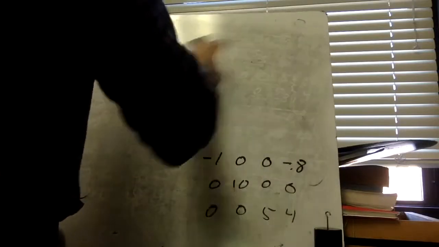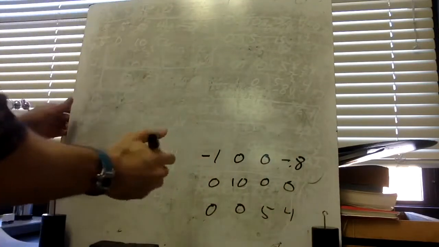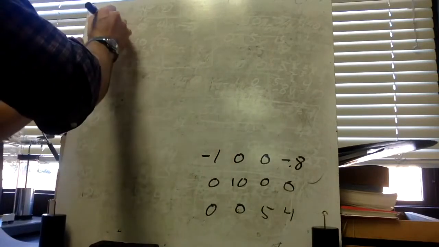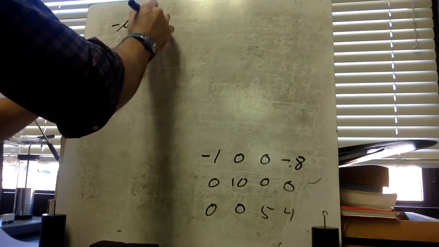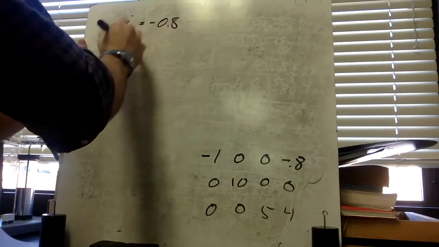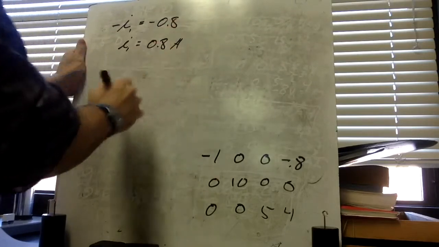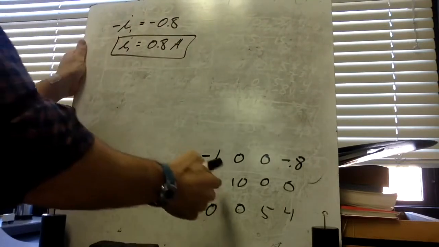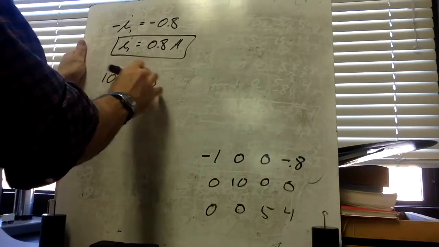Okay, and now let's take a look at what this means. This means negative I1 equals negative 0.8. So I1 then is 0.8 amps. This equation is saying that 10 times I2 equals 0.